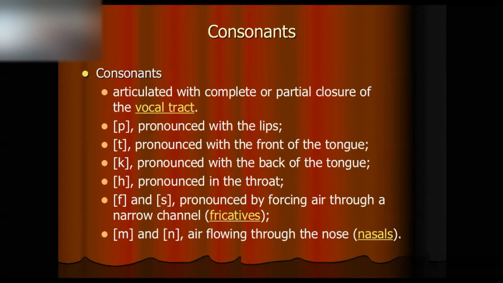That's why patients complain to me many times. They don't hear well F or S during conversations. Also, we have nasals like M and N with air flowing through the nose. So those are 7 categories for consonants.